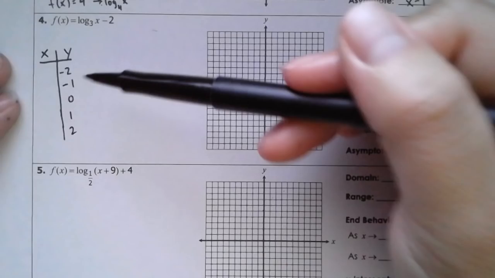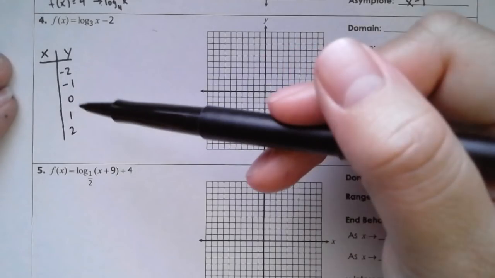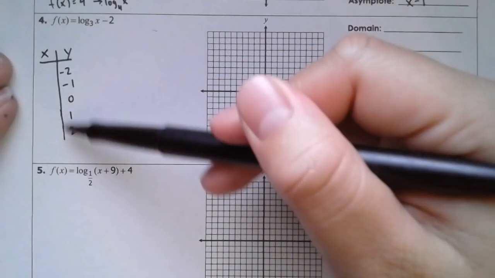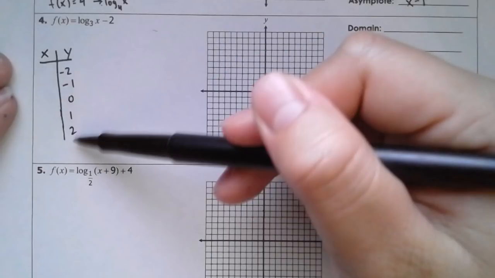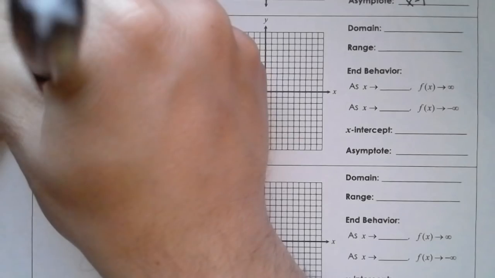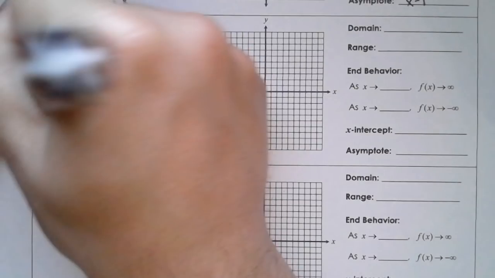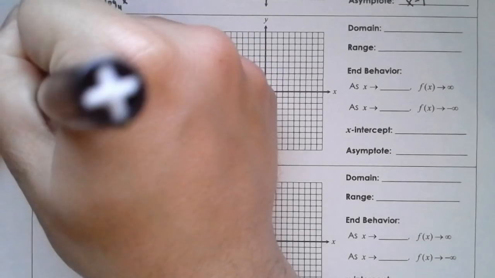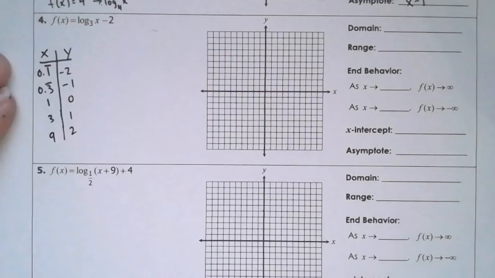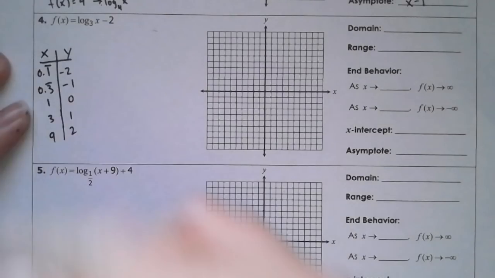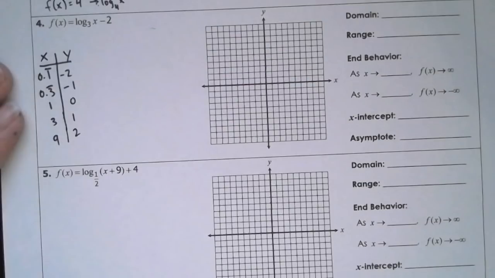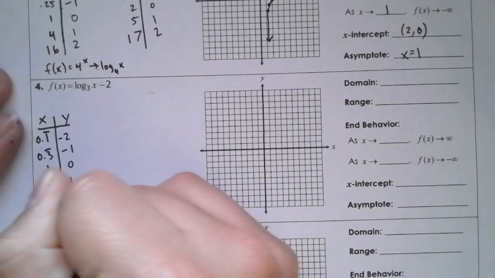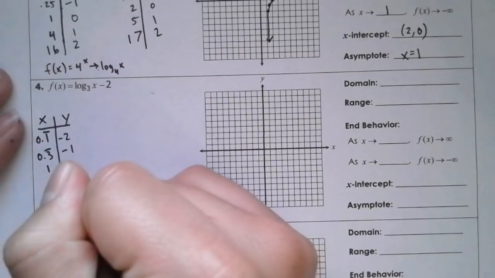When you plug these values into 3 to the x, the would-be y values you would get would be 0.1, 0.3, these are repeating decimals, 1, 3, and 9. So again, I guess I will write them out. The parent function here would be 3 to the x, and then this is log base 3 of x.